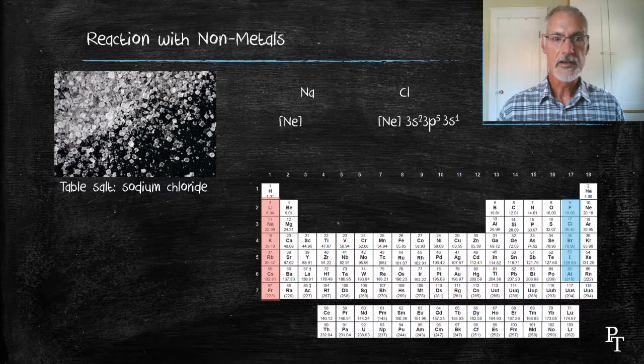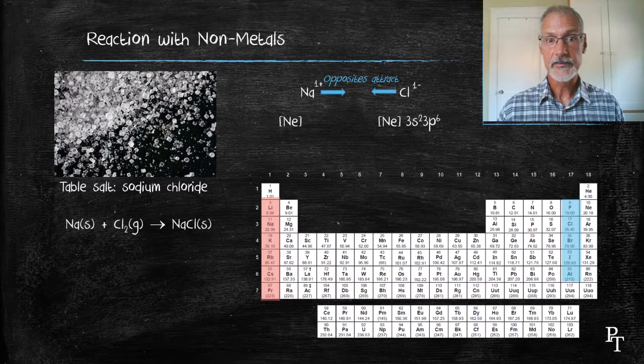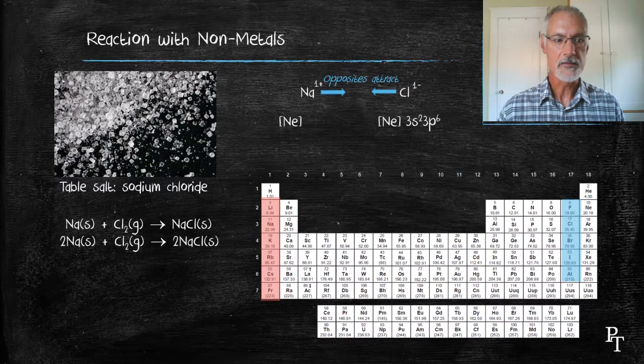That results in each of these species developing a charge. The metal becomes positive through the loss of the electron, and the halogen becomes negative through the gaining of an electron. These opposite charges attract, and as a result, we have an ionic compound. The balanced chemical equation for this is shown here, first not balanced, and now in its balanced form.